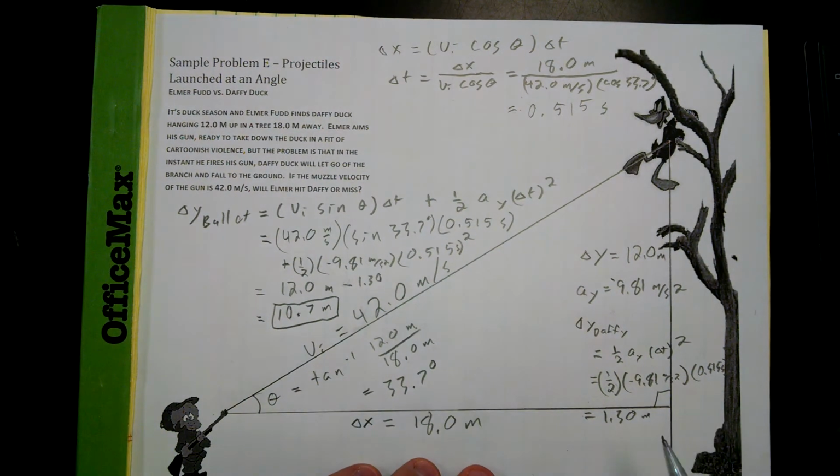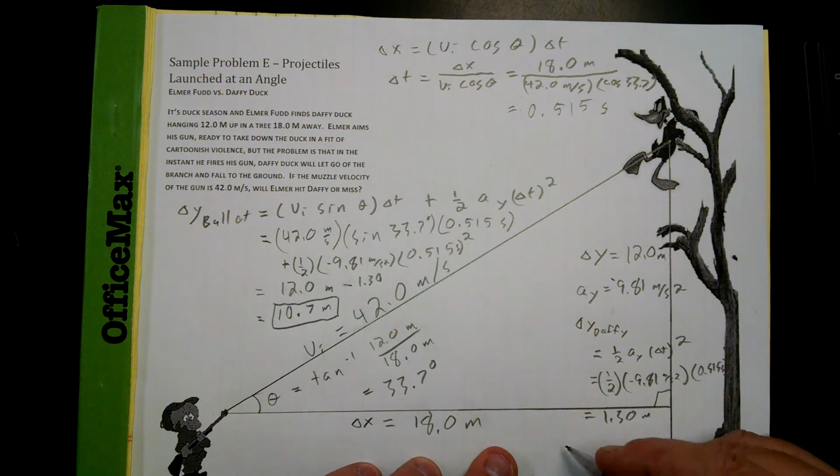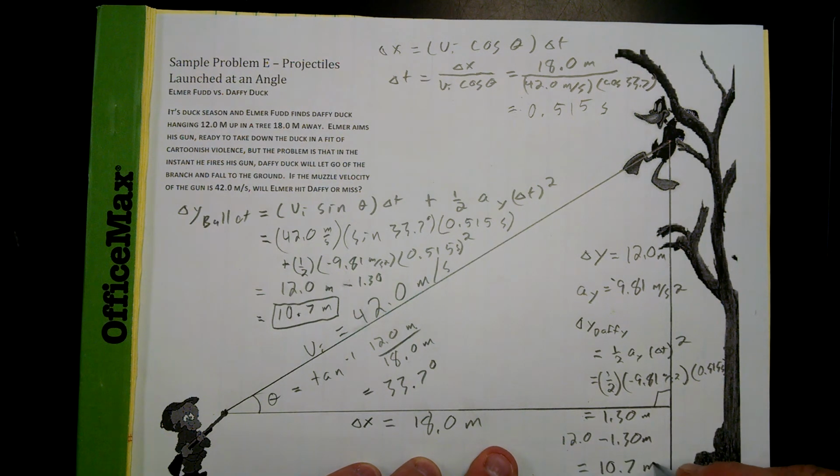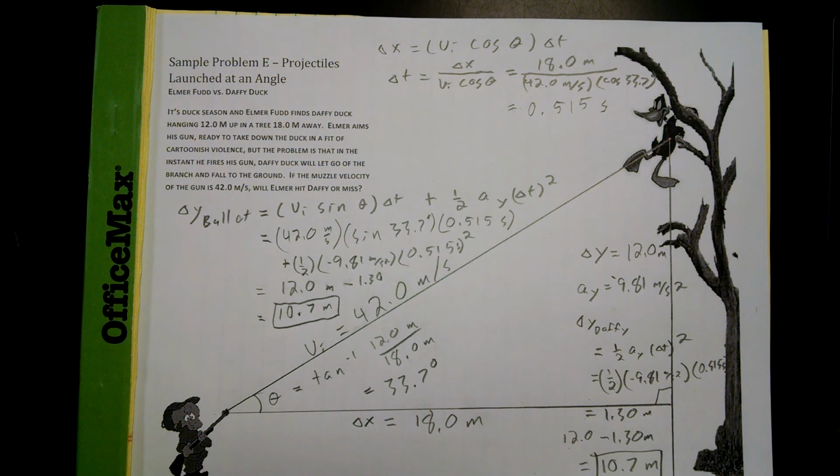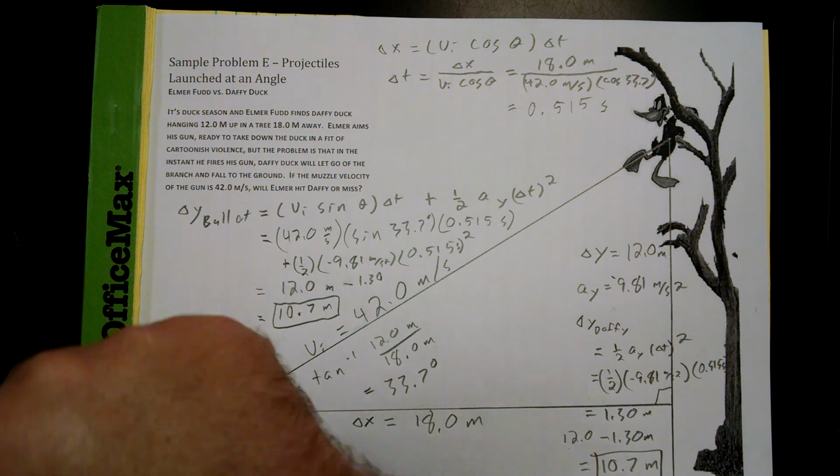Daffy is going to drop 1.3 meters. Bear in mind, Daffy started at 12. So what's 12.0 meters minus 1.30 meters? 10.7 meters. In other words, if Elmer Fudd aims his gun directly at Daffy, Elmer Fudd will hit the bird.